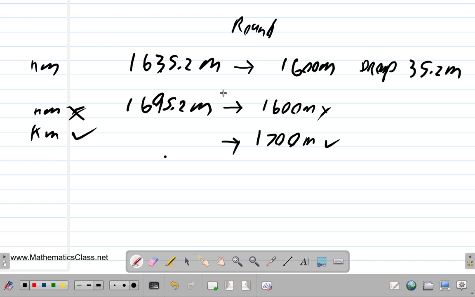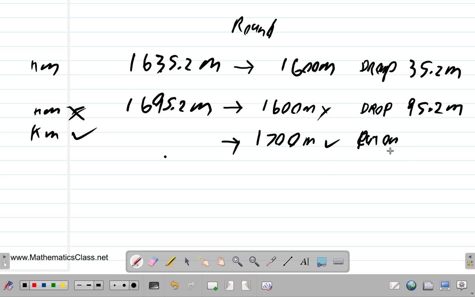You see, when you go from 1,695 meters to 1,600 meters, you drop 95.2 meters. But when you go from it to 1,700 meters, right? You put on some meter.